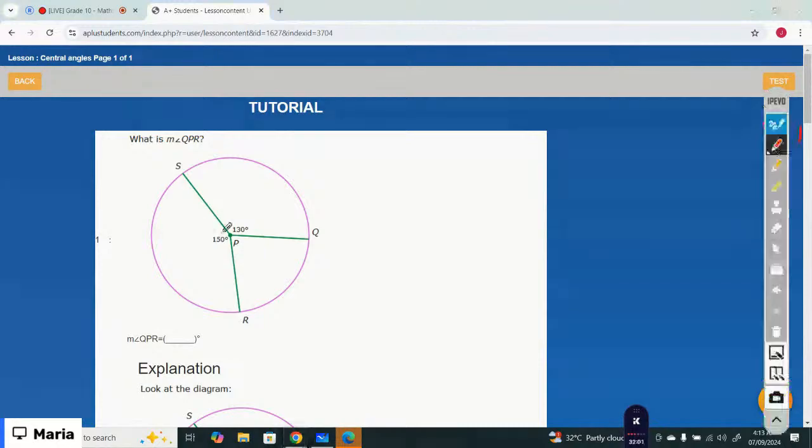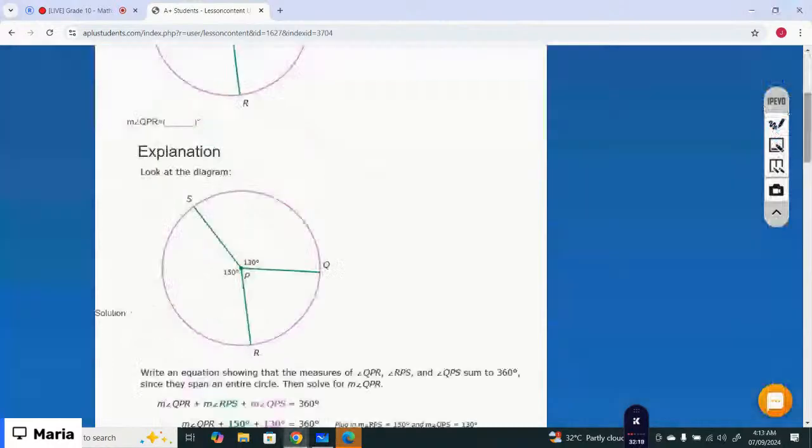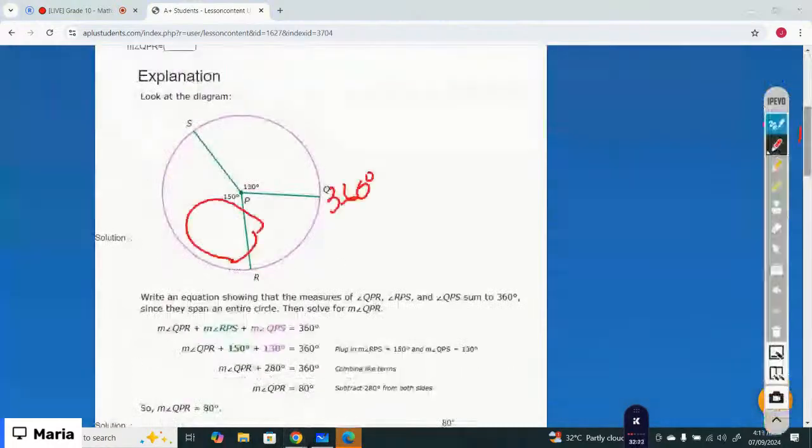Okay, so you can see here SPQ is 130 degrees, SPR is 150 degrees. You need to find the angle P. Basically, the sum of the angles in the circle is 360 degrees, right? So that means the sum of all the angles is 360 degrees, right? That is measurement of angle PQR plus 150 plus 130 is 360, right?